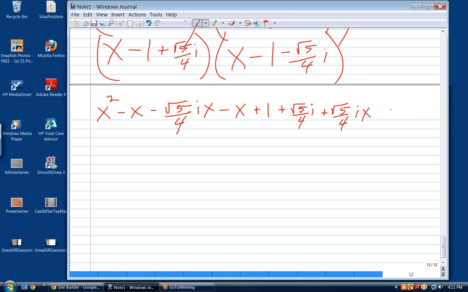And then minus 5 root 5 over 4i. Well, and then it's this term times this term, so then it would be negative 5 over 16i squared.